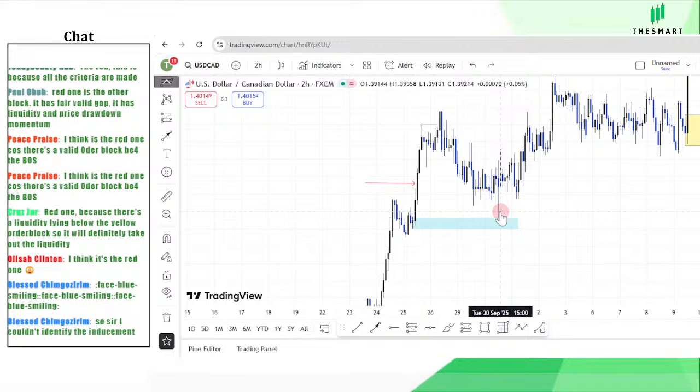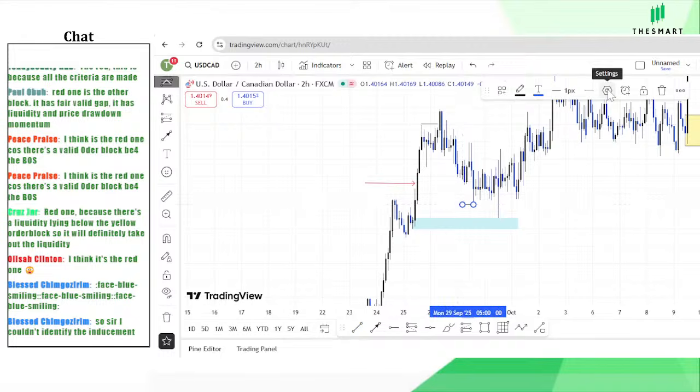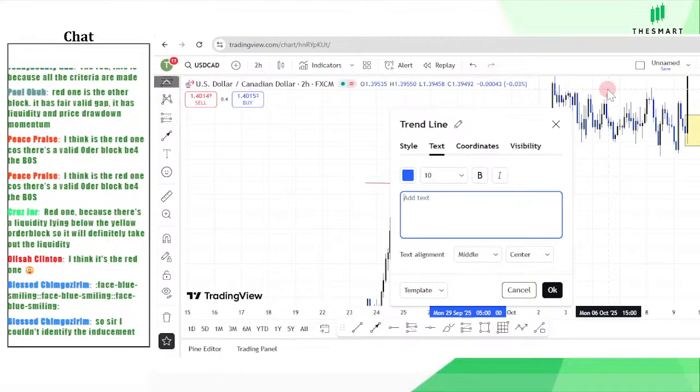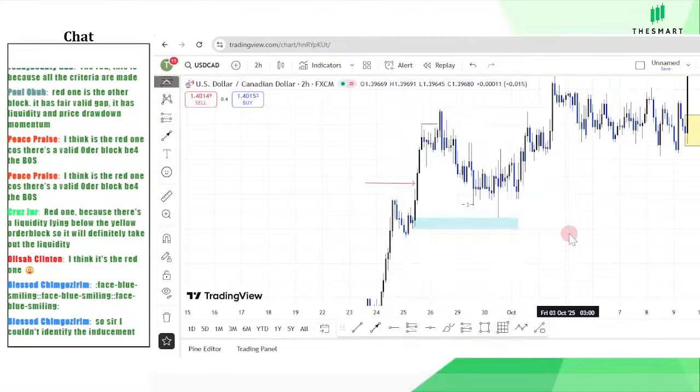So now you have this. What did you gain? We have this liquidity here at this point. After having this liquidity, you can see that we still have our fair value gap yet to be filled properly.